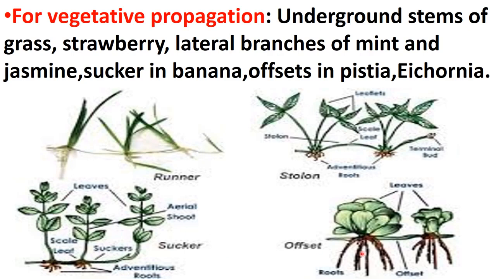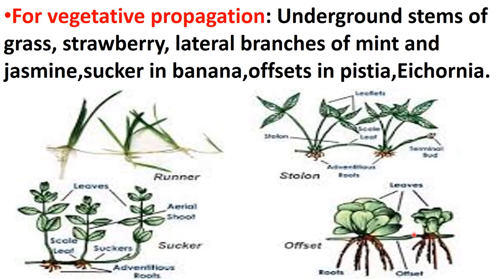Then in case of pistia and eichhornia, what happens? This is called offset. Offsets are a type of modified stems, and they help in vegetative propagation of pistia and eichhornia. These form a tuft of leaves here, and then the internode portion of the stem grows horizontally.